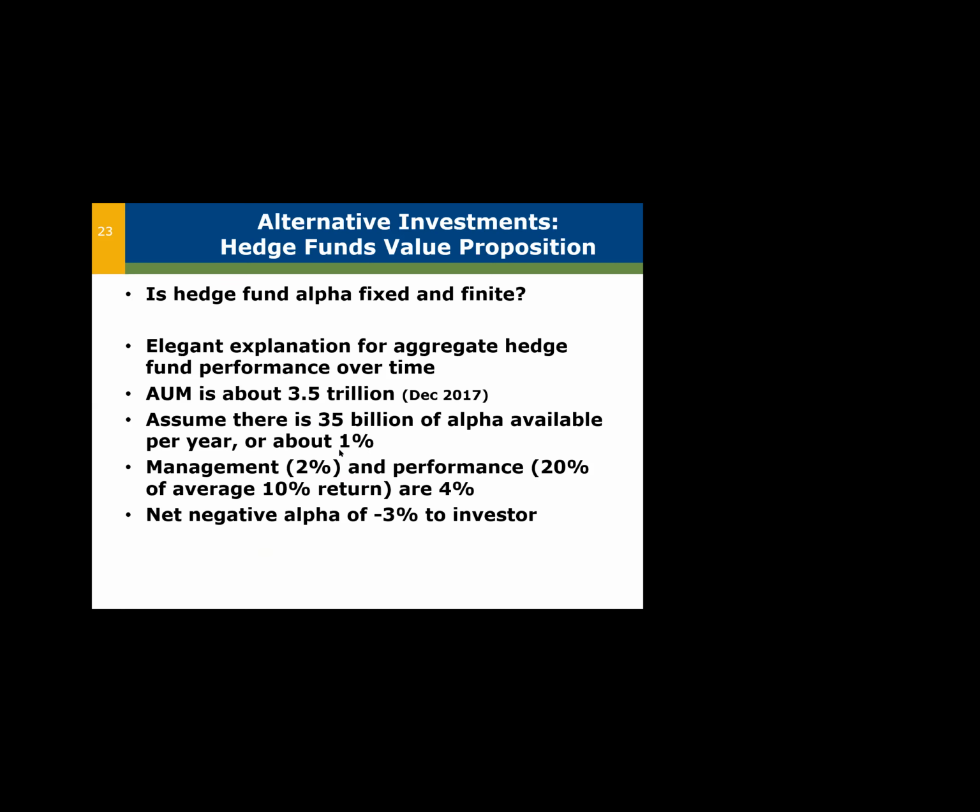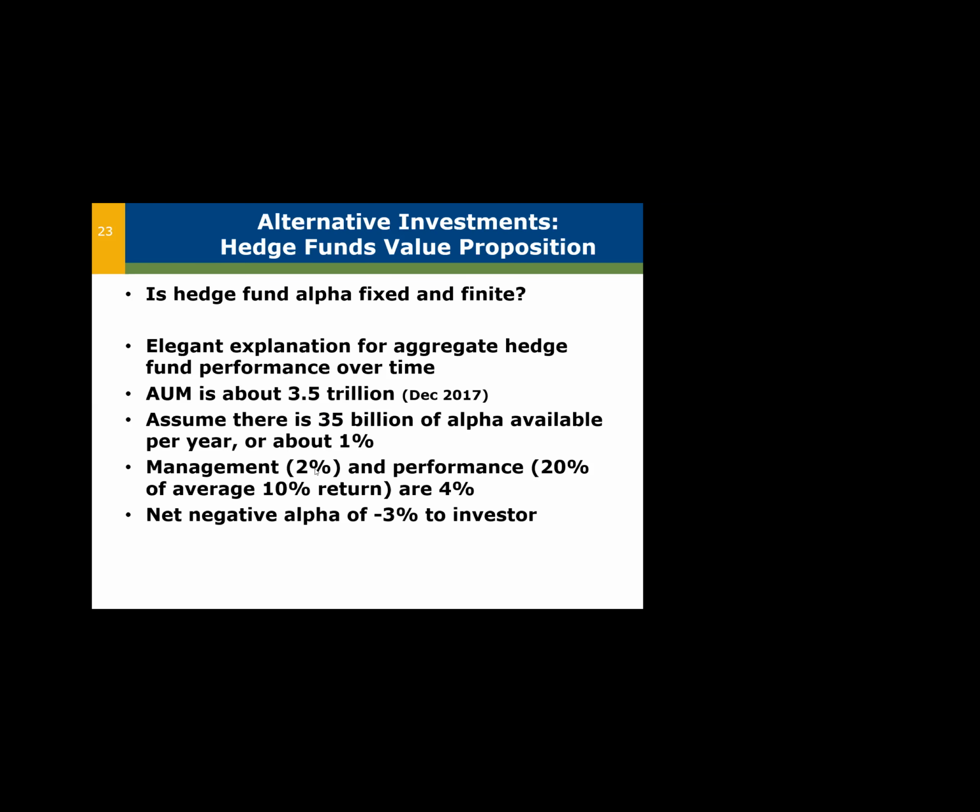You could back it out by looking at the amount of alpha generated by hedge funds historically. And so you get the idea. In the early days, the alpha was very high, but the AUM was very low. And then that balance shifted, but the total amount of alpha roughly remained constant. So you could do an exercise like that. But for the sake of illustration, I picked a nice round number. And so each year there's a genuine amount of 1% available for hedge funds.